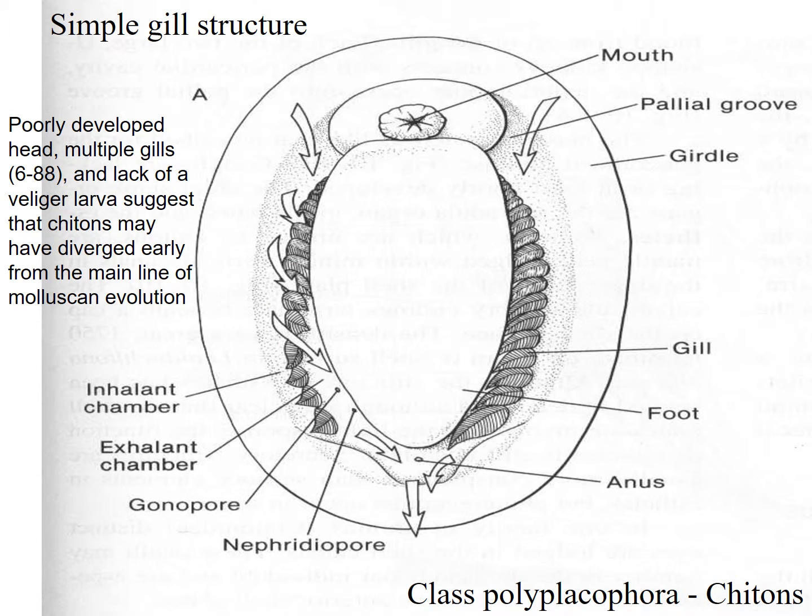And here is the underside of the chiton, Polyplacophora. You see, here's the mouth with a radula that would come out. Here is the muscular foot.